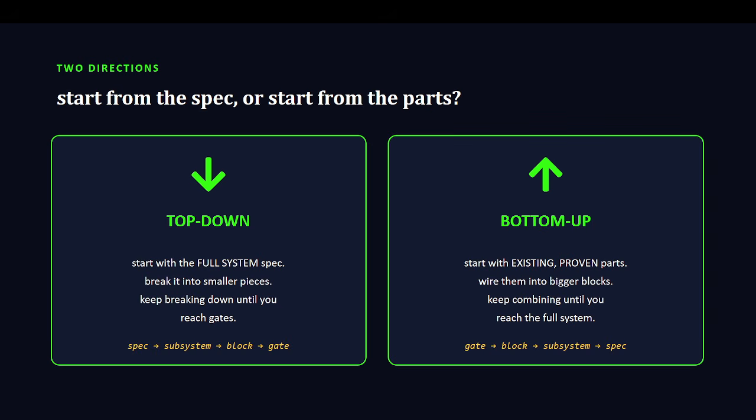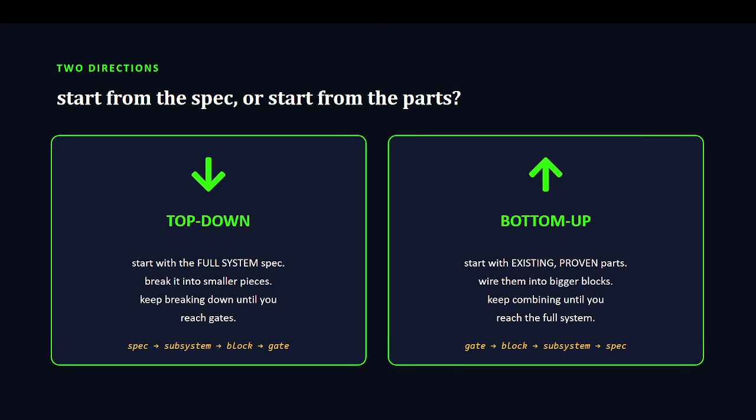Here is the big picture before we zoom into either one. Top down starts at the top, the full system specification, and works its way down. Specification, then system, sub specification, then functional blocks, then final RTL and gates. You start broad and get progressively more specific. Bottom up is the exact opposite direction. You start at the bottom, gates, or really whatever proven building blocks you already have, and work your way up.